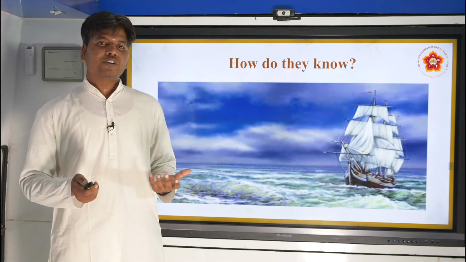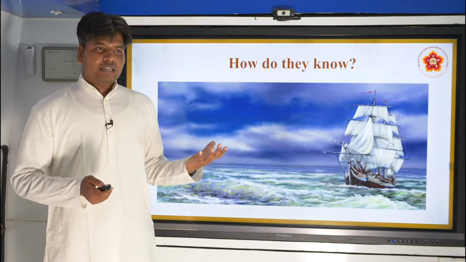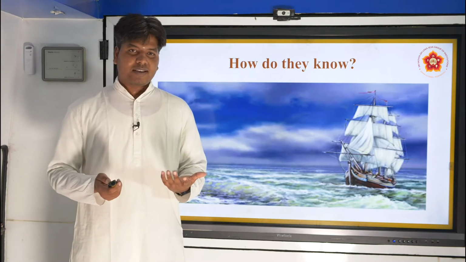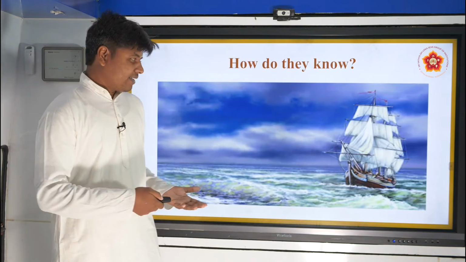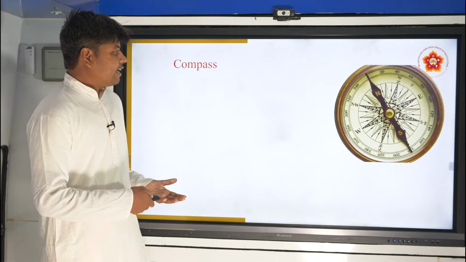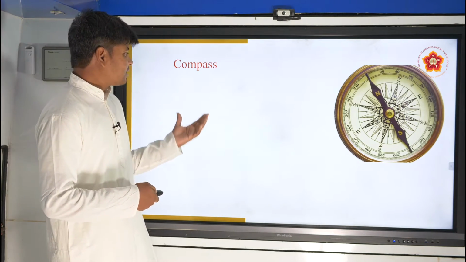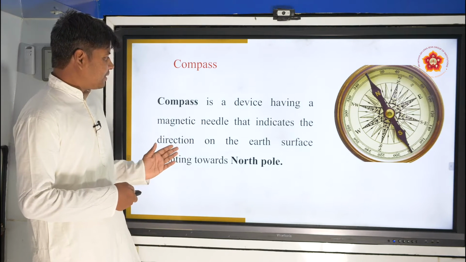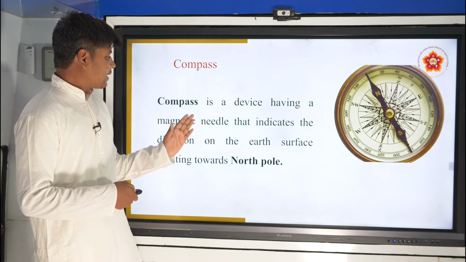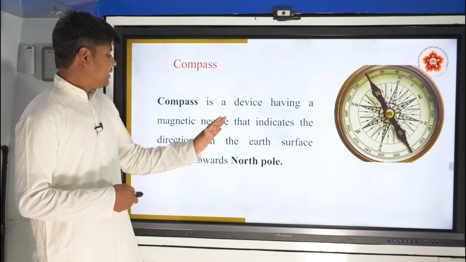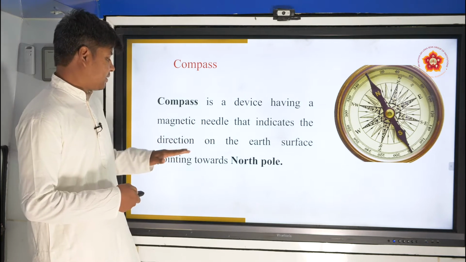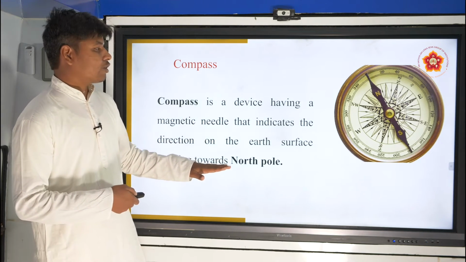There are no such things. How do they know? This raised my curiosity. Then when I researched this, I came to know about this wonderful instrument called the compass. What is this compass? A compass is a device having a magnetic needle that indicates the direction on the Earth's surface, pointing towards the North Pole.